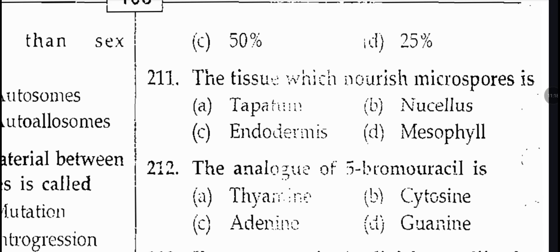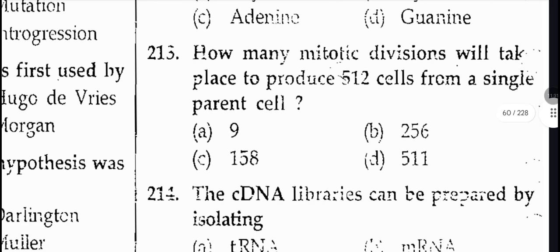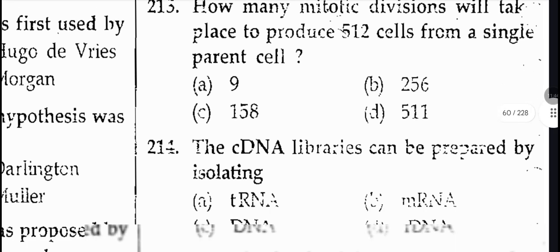I think it should be, yes, tapetum. Okay, question number 212. The analog of fibromycin is, that is option A, thymine. Question number 213. How many mitotic divisions will take place to produce 512 cells from a single parent cell? It will be, that is option D, 511.